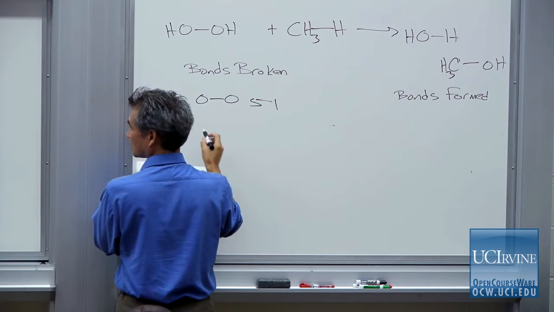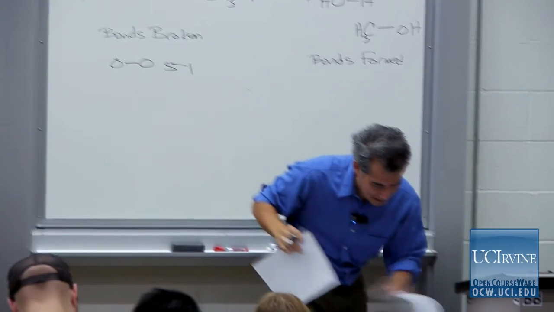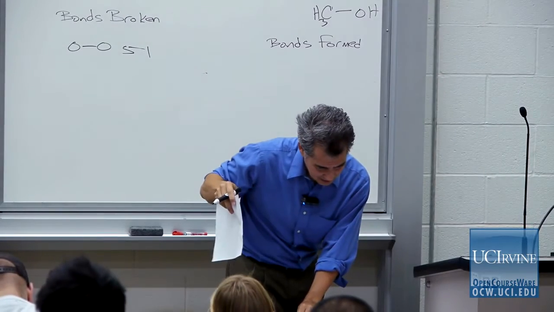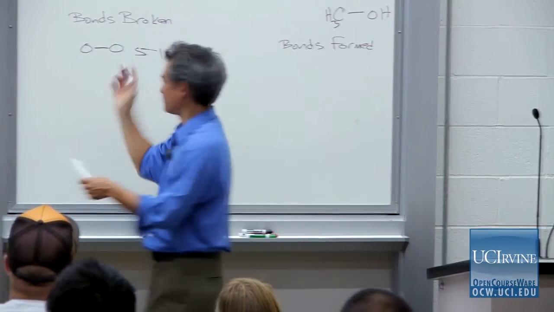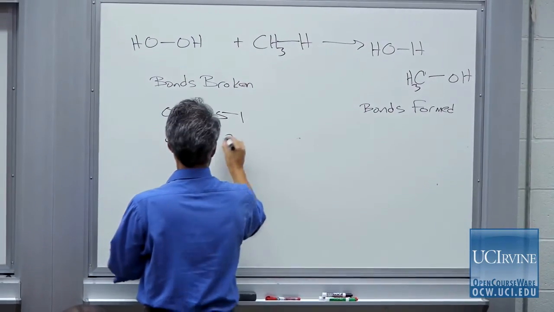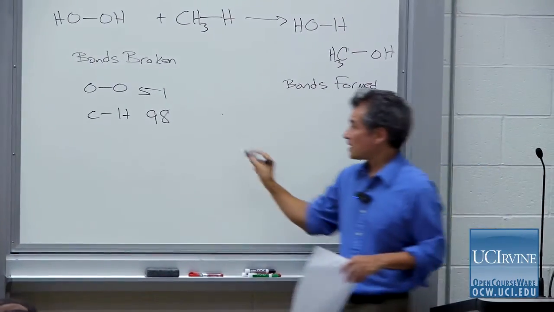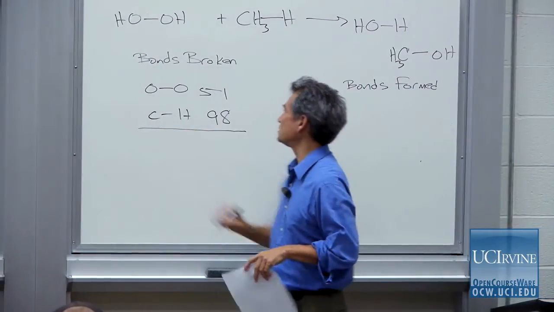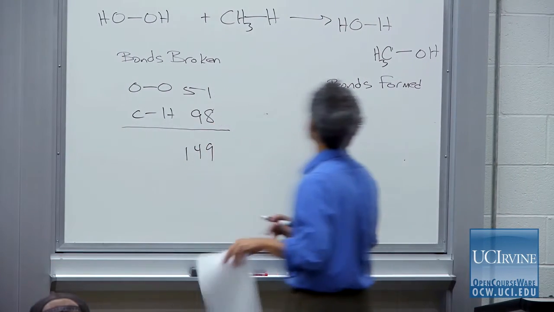I'm wondering if I've written down the wrong number, because sometimes I've written down numbers for specific molecules, and other times I've written down numbers for just generic bond types. It's 98 for the CH bond, which is relatively strong. So if we add up all the energy it costs us to break these bonds, we'll come up with a number of 149 kcals per mole.